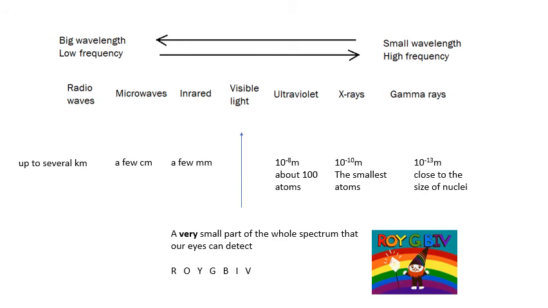Red, orange, yellow, green, blue, indigo, violet. Okay, so we see different wavelengths within the visible spectrum. We perceive them as different colours. And there's my little friend, Roy G. Biv, the magical elf. I'll put a link to his video in the description.